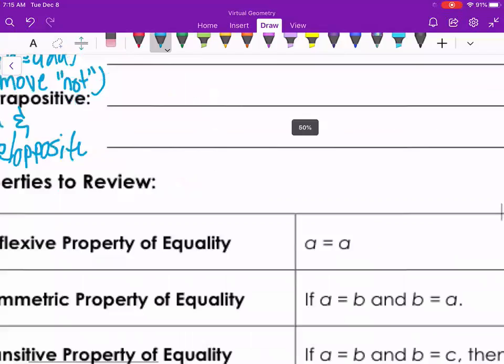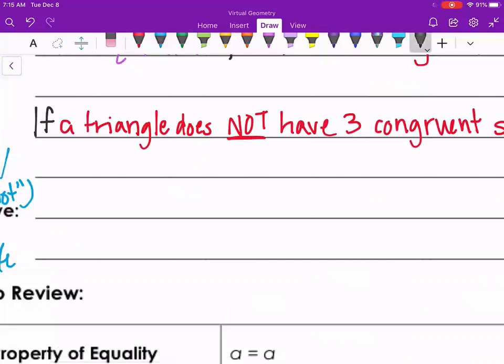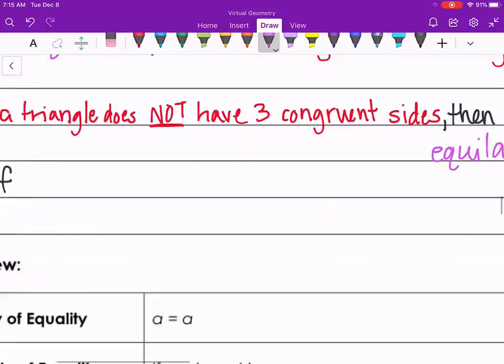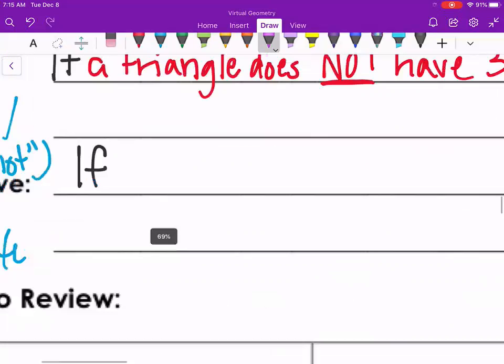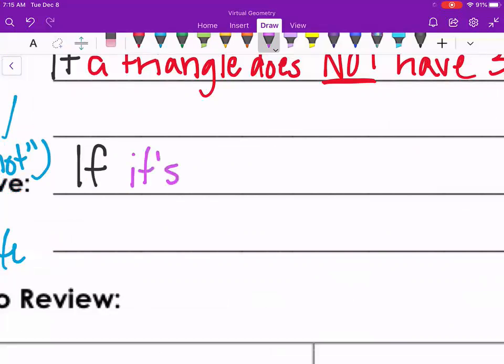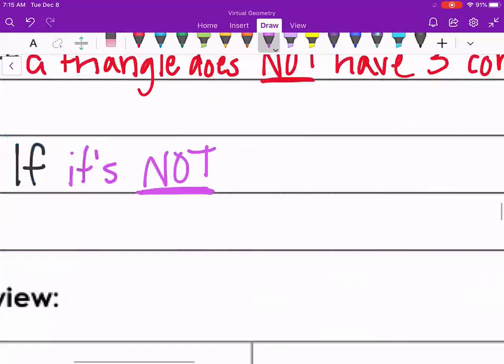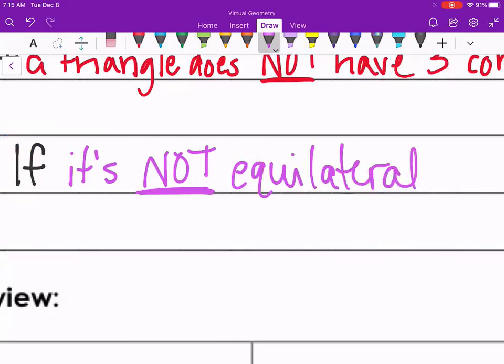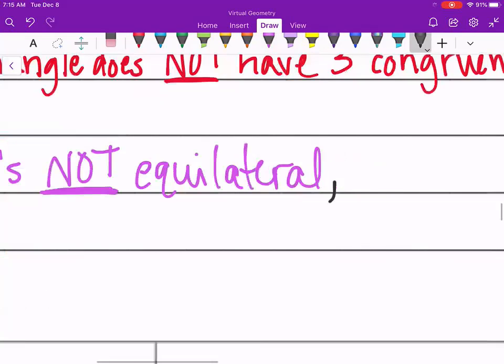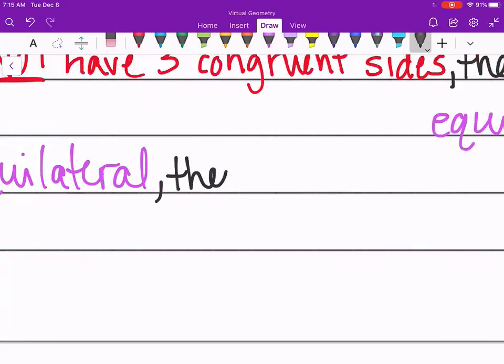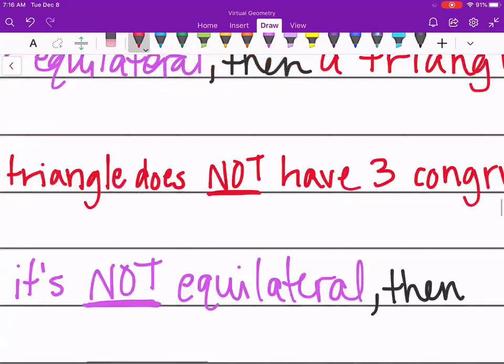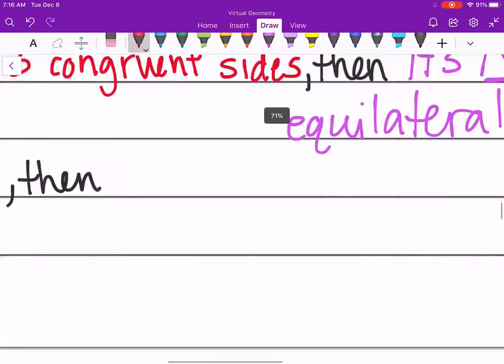Okay. All right, so we start off with the same if. We need the opposite of the conclusion to be first. So we've got it over here. It's not equilateral. So again, there's the negation for the switch. Then a triangle does not have three congruent sides.